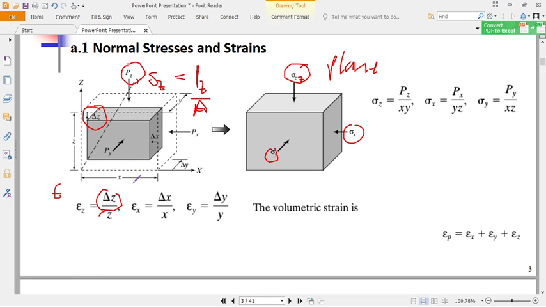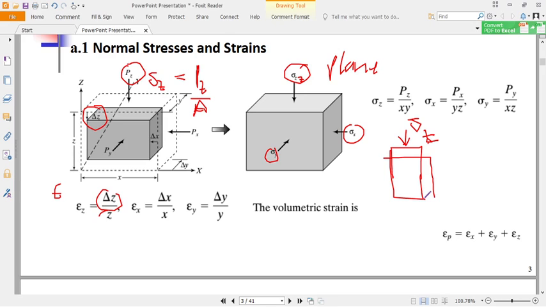Is that okay? But when you apply a force, as we shall see, let's say this is your material under Hooke's law. When you apply a force here in Z, this material will deform. If it is against a rigid background, this material will deform.